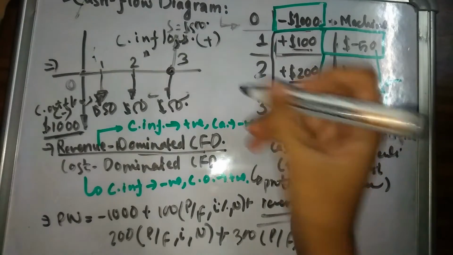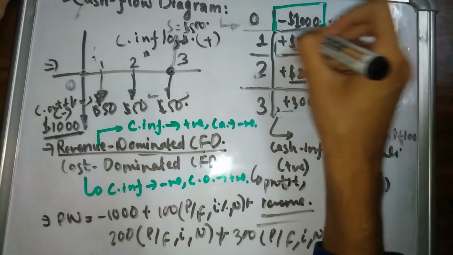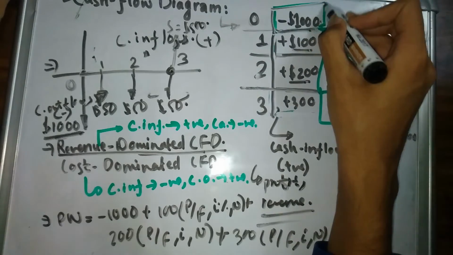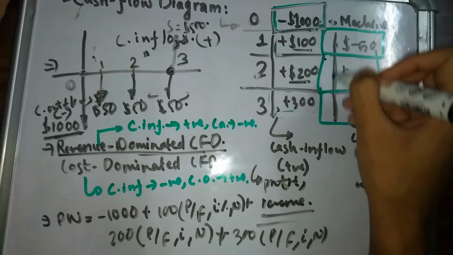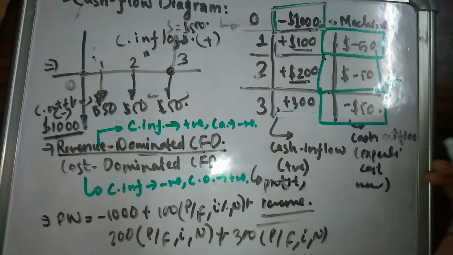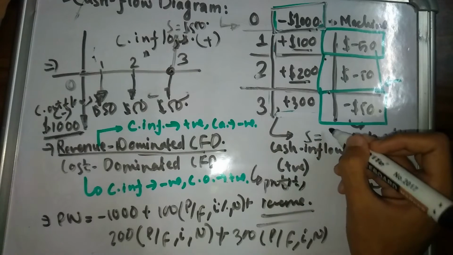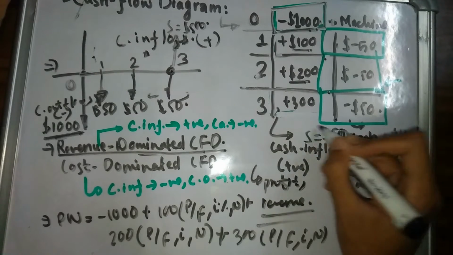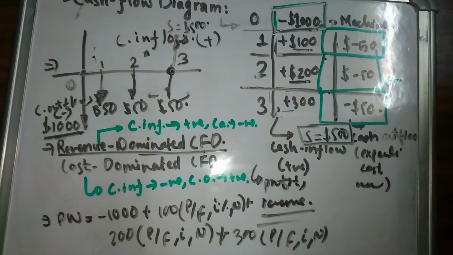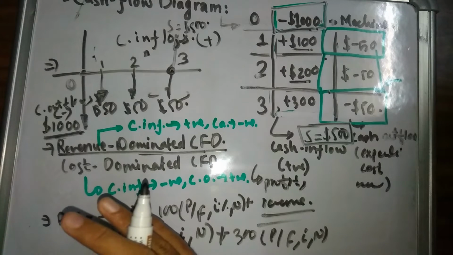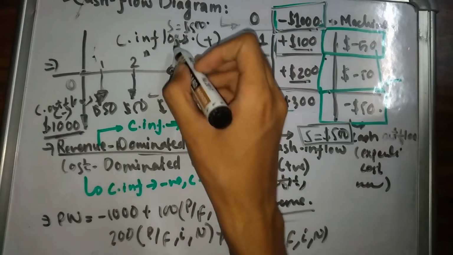Suppose we bought a machine with the cost of $1,000, but with the passing of years the price of the machine is going to decrease until it finally reaches $500. So salvage value basically means the resellable value of that machine, and sometimes the salvage value can be negative as well. It means we are spending money not to sell but to decompose or to get rid of that machine. Right now we have a salvage value of $500.